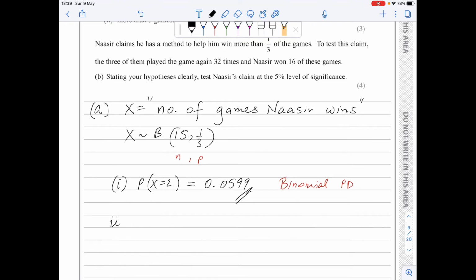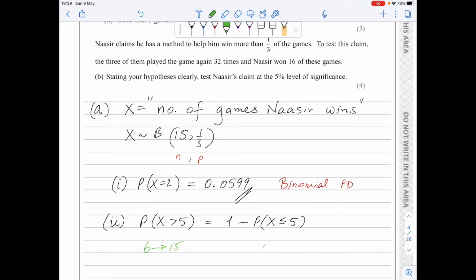For the second part, I need the probability x is bigger than 5. Note this is like saying from 6 all the way to 15, which is the maximum. So this is 1 minus probability x is less than or equal to 5.